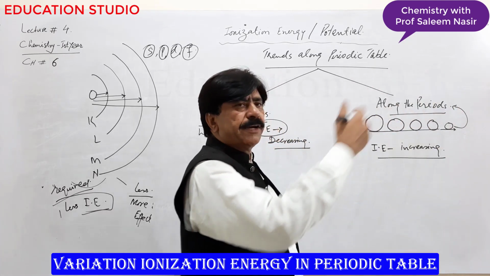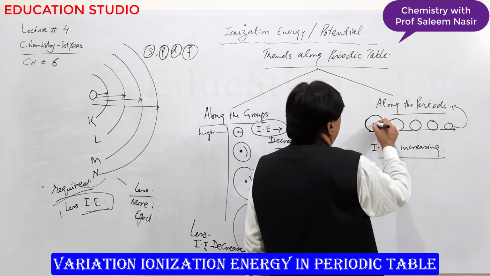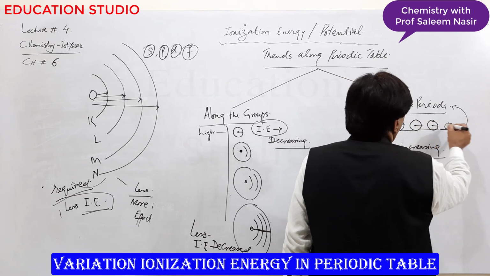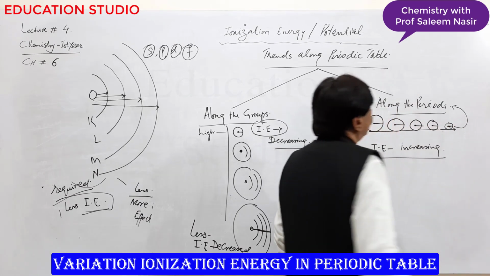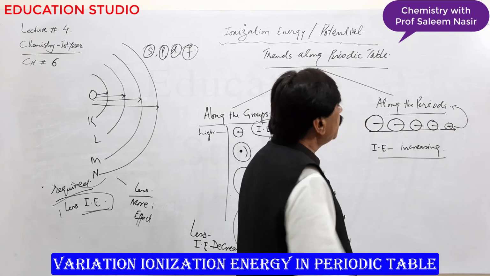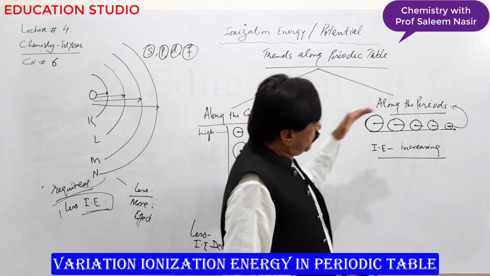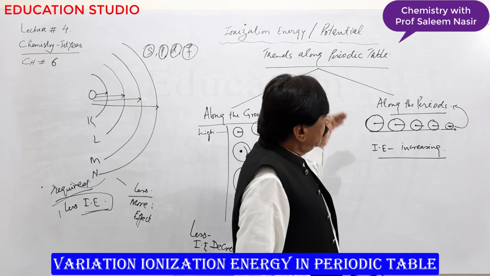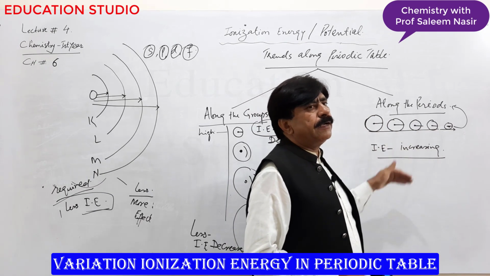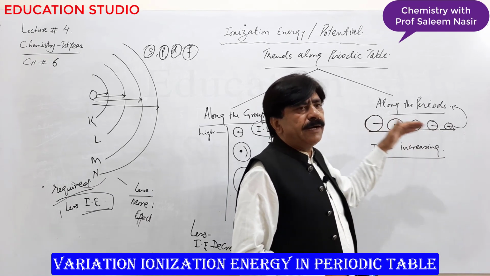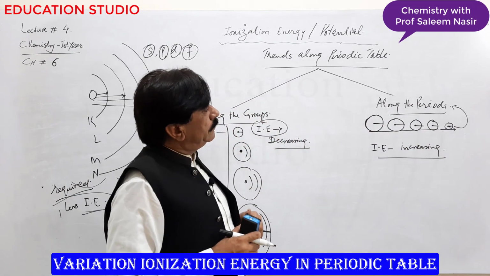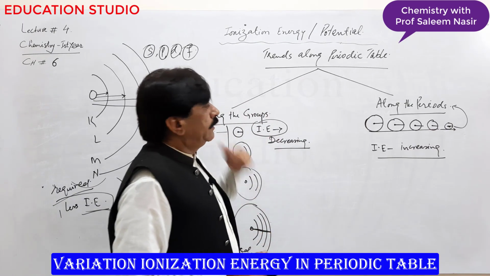As the atomic size decreases, the ionization energy goes on increasing because the nuclear charge increases from left to right, the atomic radius decreases from left to right, and the shielding effect decreases from left to right. So that is the trend of the ionization values across the periodic table.